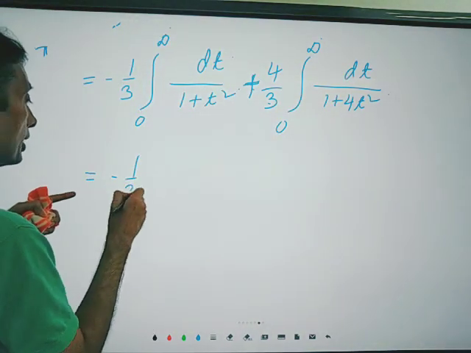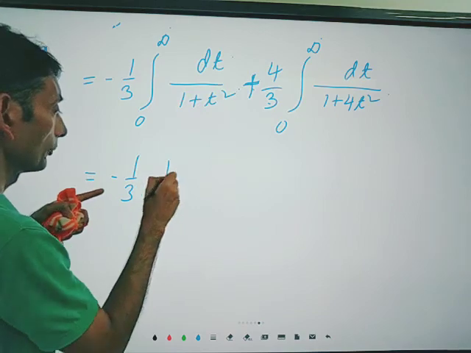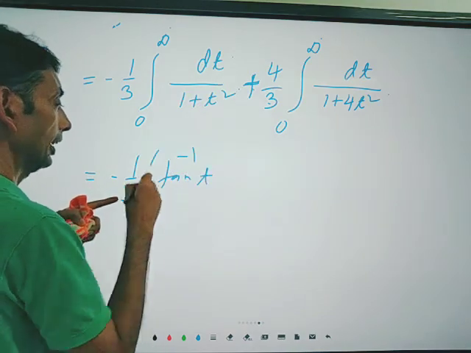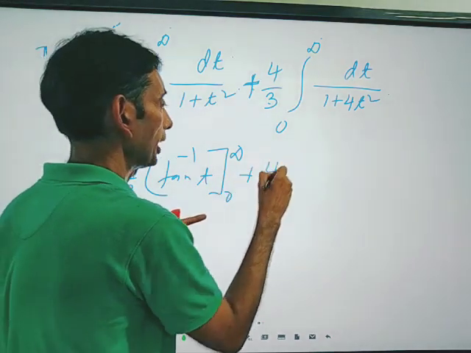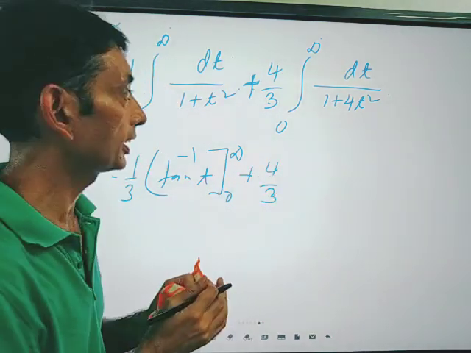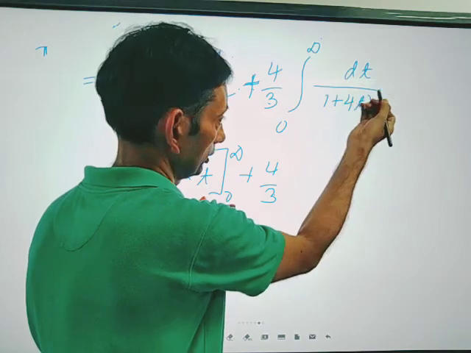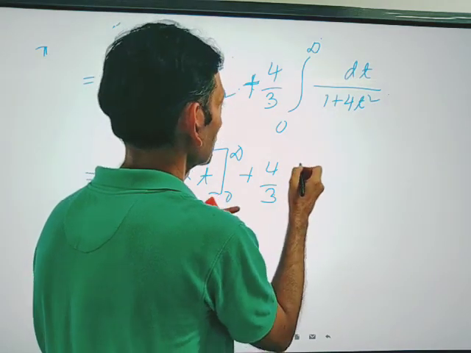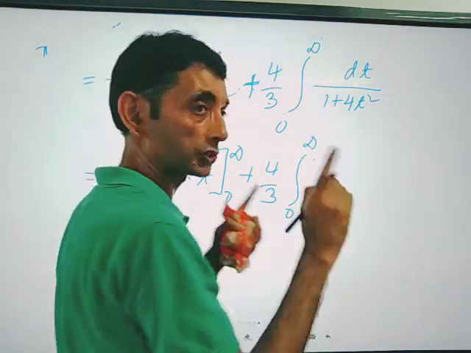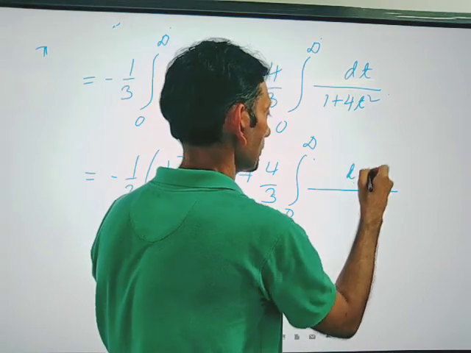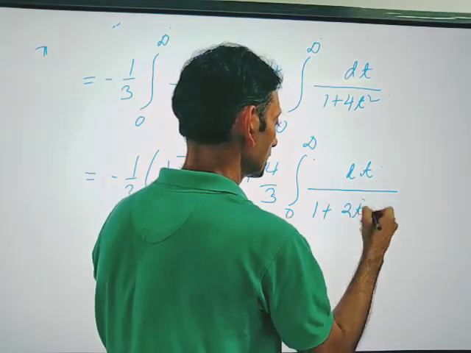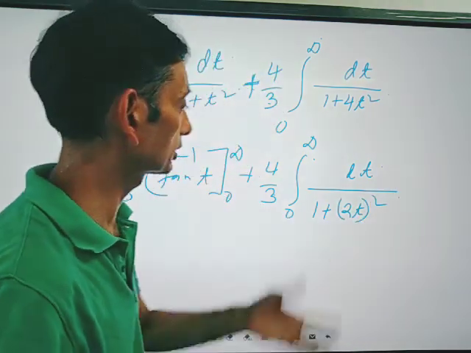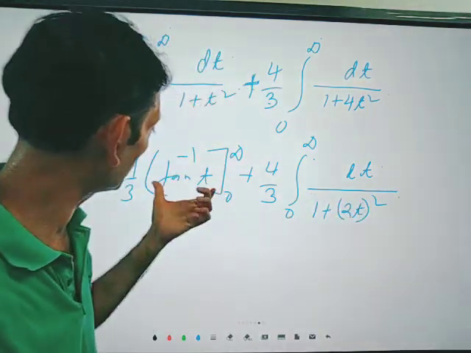Minus 1 by 3, so dt by 1 plus t square. We know this is tan inverse t, and this is 0 to infinity. This is 4 by 3. And this particular expression, of course, you can write in one step. I'll just write extra. dt by 1 plus, this 4t square can be written as 2t whole square. This also can be done exactly like this.